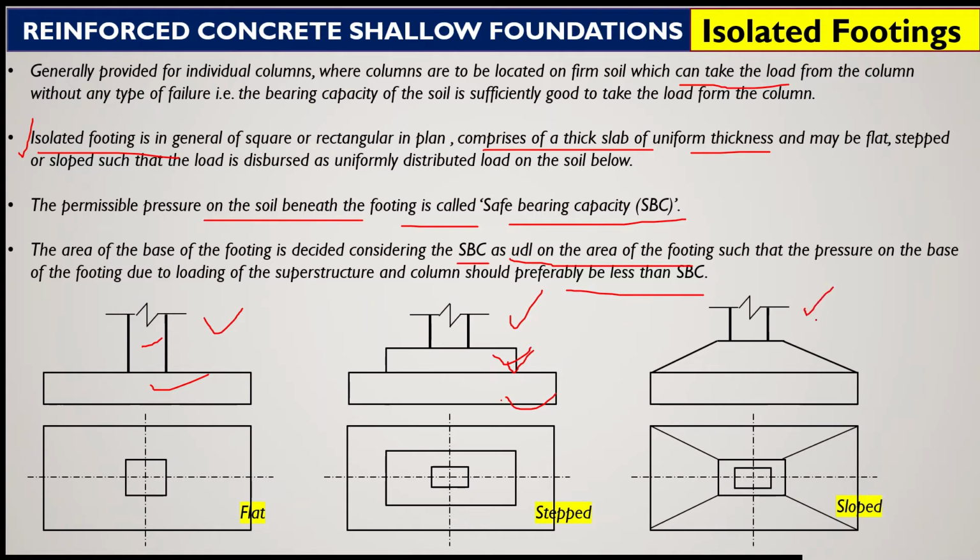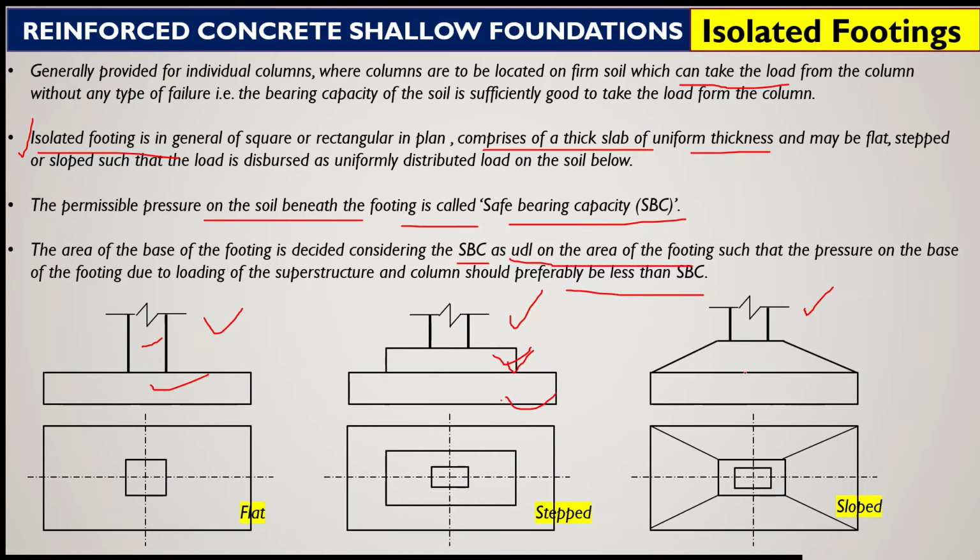Now sometimes we design this type of footing where we will be providing some slope for the purpose of economy, because we are aware that bending moment will vary as we move away from the column.